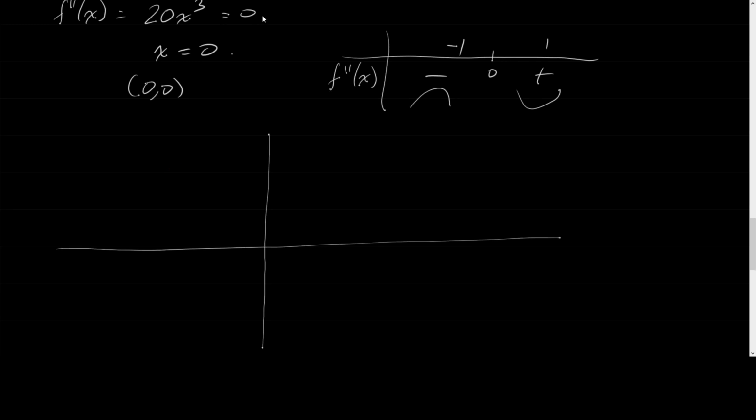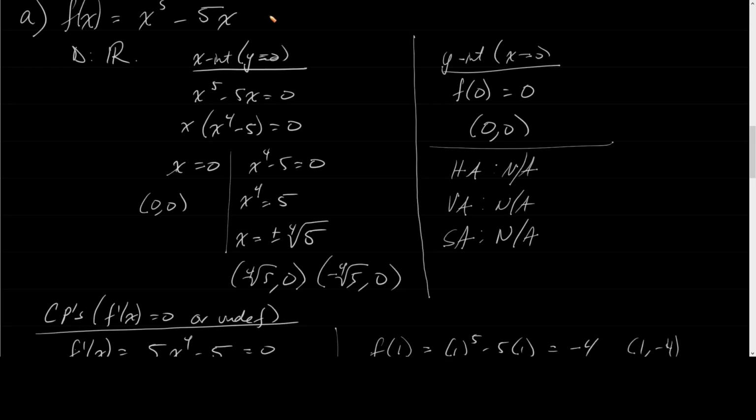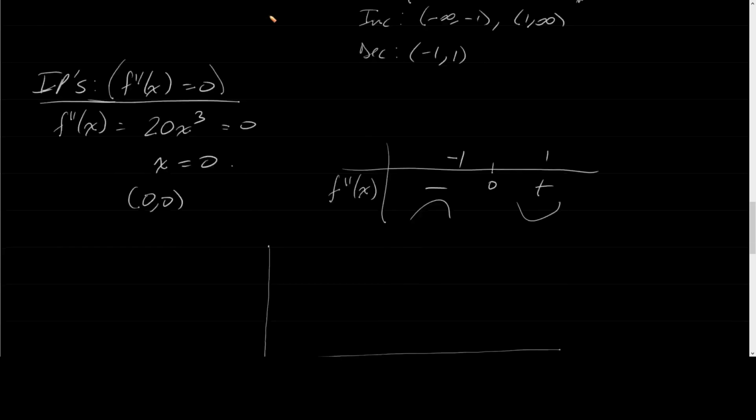What do we know about this graph? We knew some intercepts, right? We had 3 x-intercepts: (0, 0), the 4th root of 5, and negative 4th root of 5.